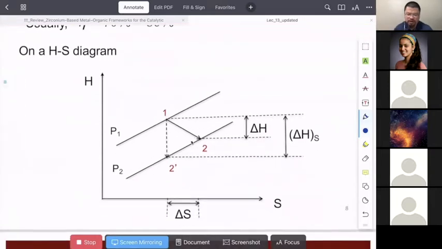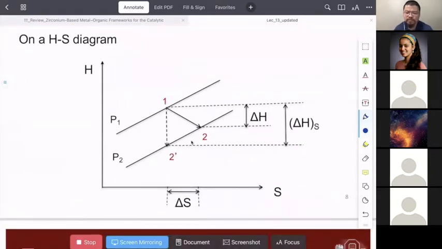Now if you look at the HS diagram we introduced two lectures ago, this is the inlet, where typically we are going to have the superheated steam, and that steam will go through the turbine and produce some liquid or other steam with lower temperature or lower pressure in reality.